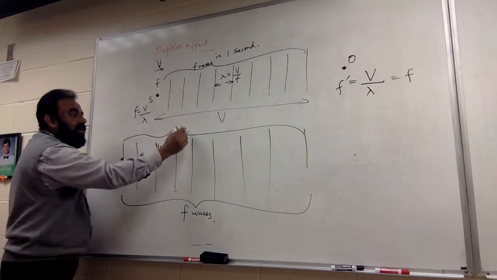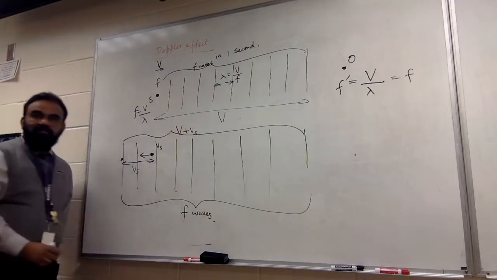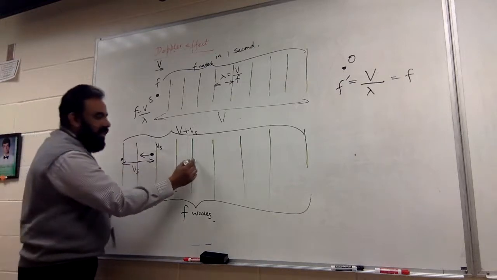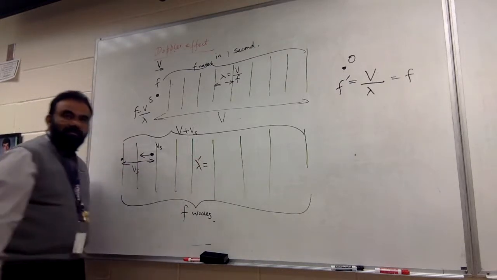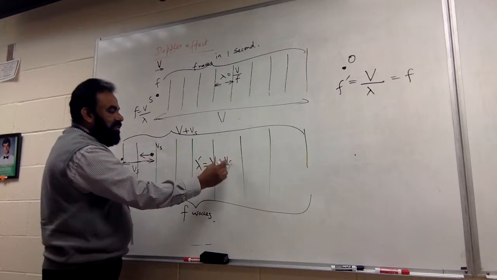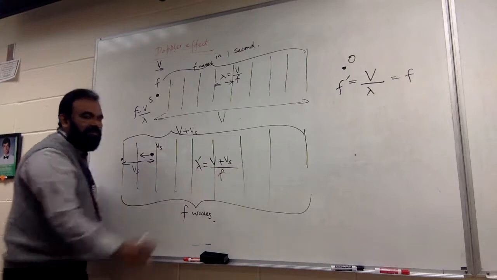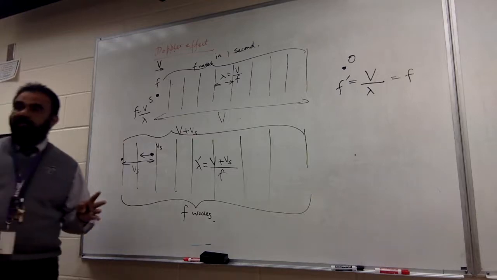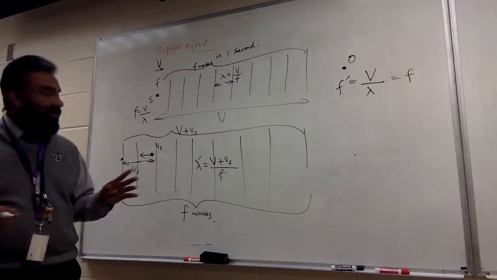V plus Vs. Get it? So what is the new lambda? The new lambda is V plus Vs over F, because he's going away, he is increasing the wavelength, not decreasing the wavelength.